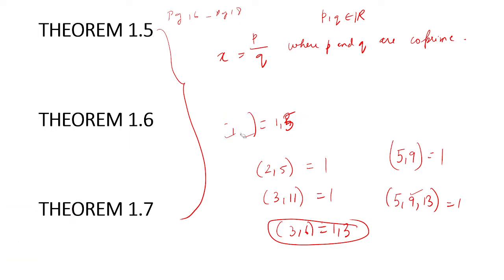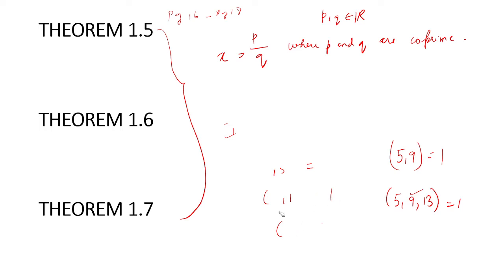So that is what these theorems basically tell us: that p by q is a rational number, where p and q, if it's a rational number, then by default have to be integers, and the most important thing is p and q are co-primes.